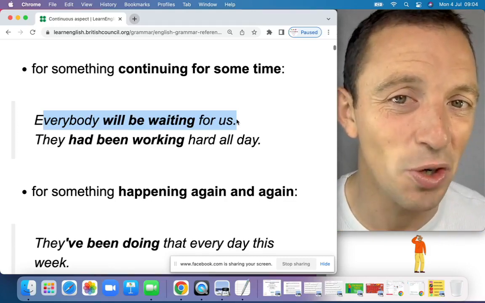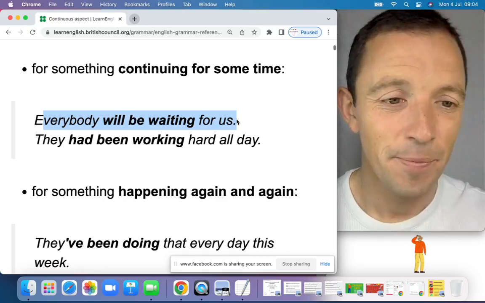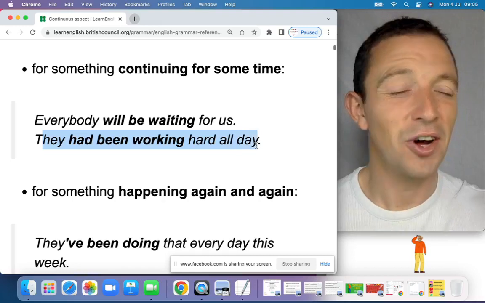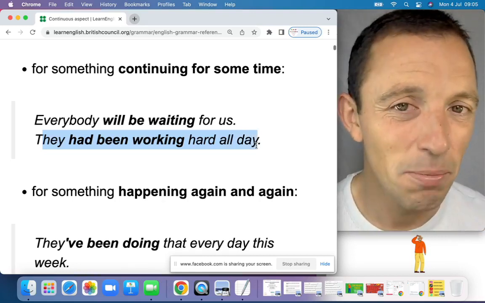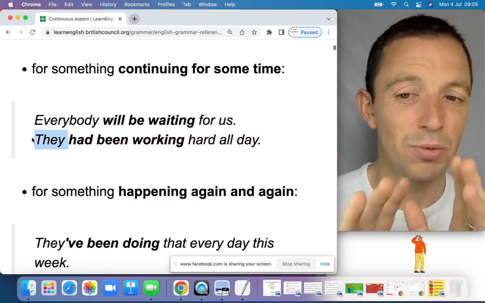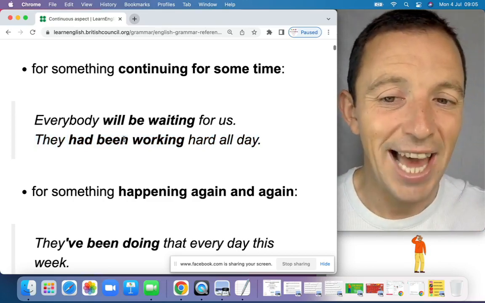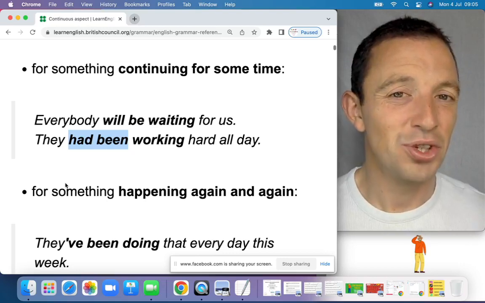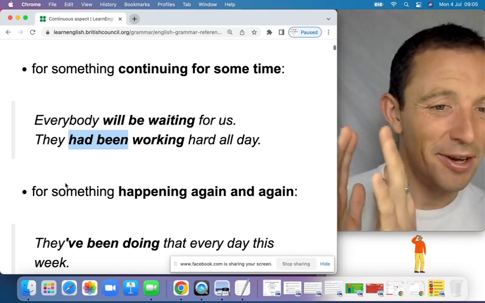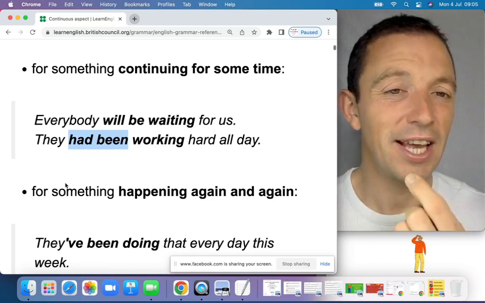Most people, I think, understand this. The next example is they had been working hard all day. This is a little more complex because the subject, no problem, the subject is they. The extra auxiliary verb is the verb to be. In this case, the verb to be is in the past perfect plus the ing or the gerund.